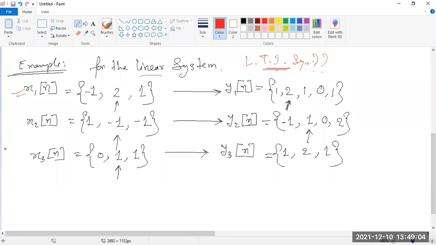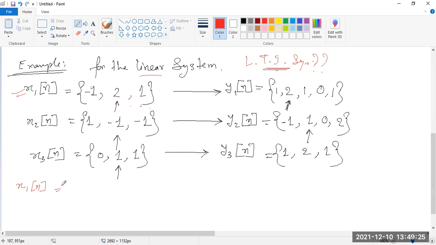First we select x1[n], which is -1 to 1. Okay, so we can just shift this.